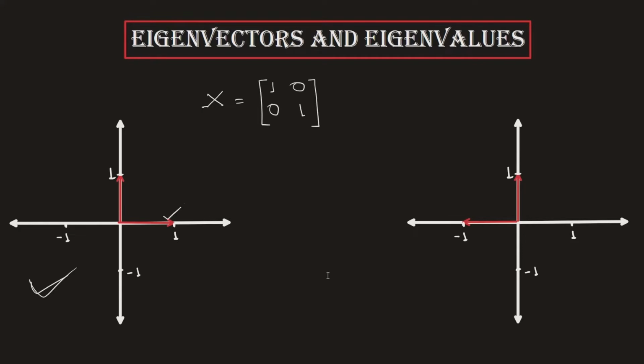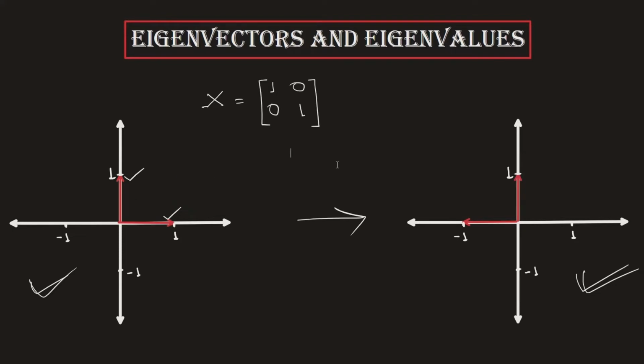First is this one and second is this one, and let's say that after multiplying it with another matrix, it gets transformed in such a way that we get this figure on the right hand side. If you pay attention, there is no change with this particular vector. It is still the same. However, the other vector, this one, has been flipped over the axis, and after transformation these two become the eigenvectors for the previous vectors on the left hand side.